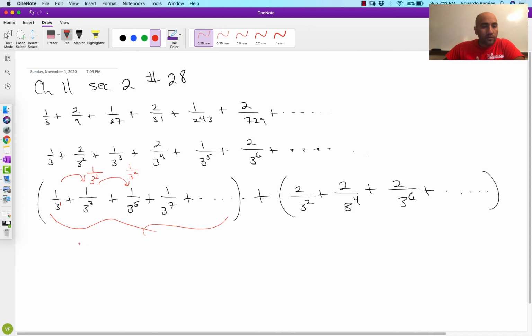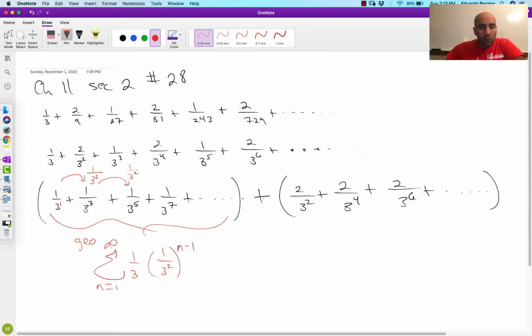So this is a geometric series where n goes from 1 to infinity. The first term is going to be 1/3 times the r, which is 1/3 squared, to the power of n minus 1. Right? Guess and check. So I just kind of guessed it, and then we can check it. Does it work out?